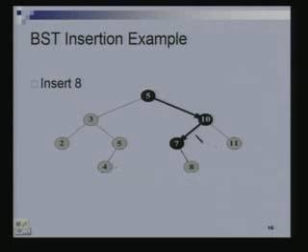This is my binary search tree, and I'm trying to insert 8. If you recall, this 8 was not there in the tree. So I first search for 8, which means I go down, I come here, go right, I go left, and then I want to go right, but right is null, which means 8 is not in the tree.